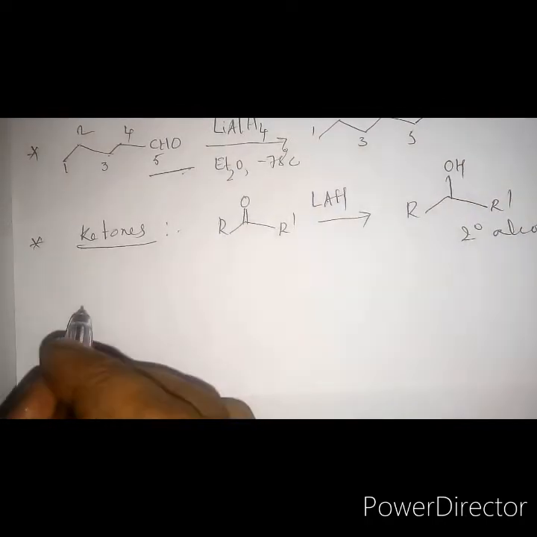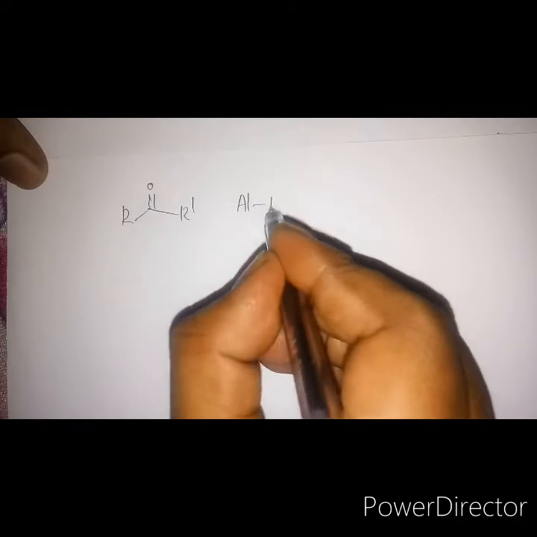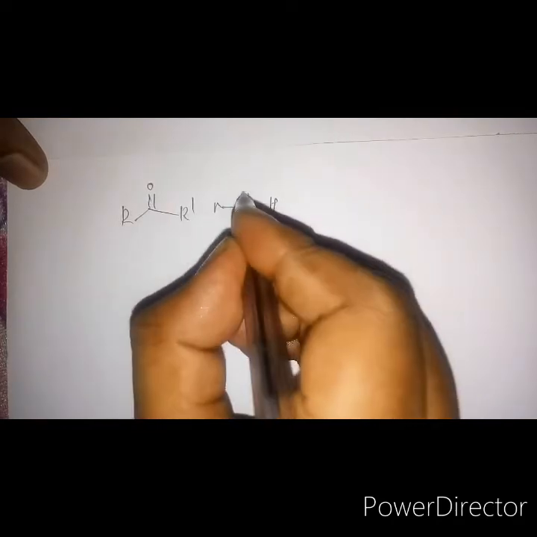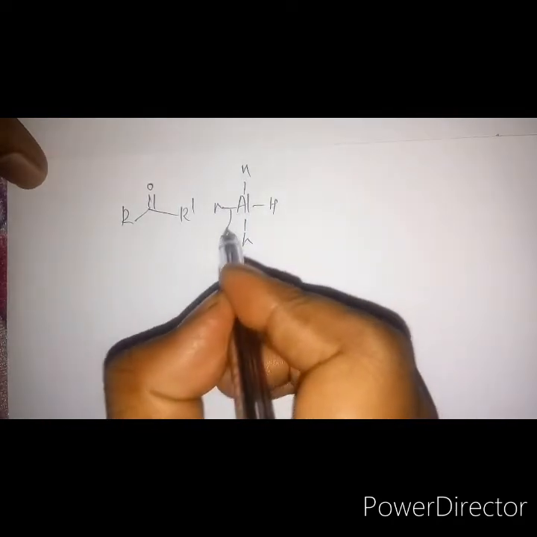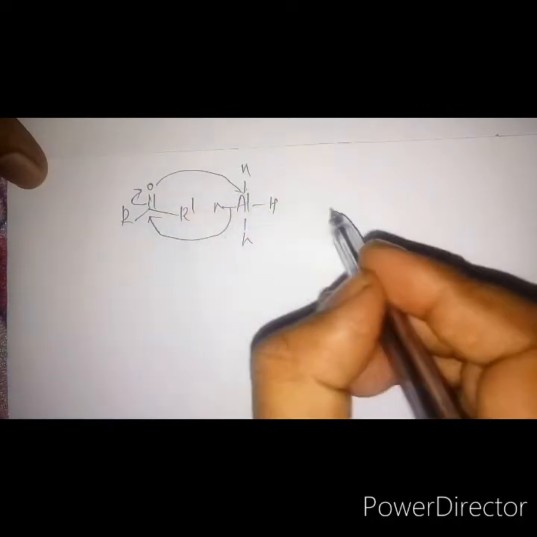So the reaction mechanism: we have R double bond O R dash, with lithium aluminum hydride. Now this H minus will shift out here. It will get a negative charge. This will attack the aluminum.